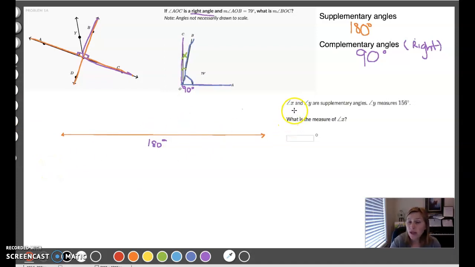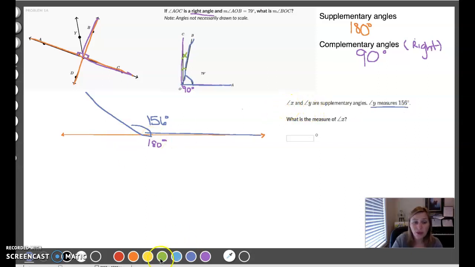Now angle Y measures 156 degrees. So let's do something that's roughly 156 degrees. This angle right here is 156 degrees, and this is angle Y. Now we're trying to find angle X.